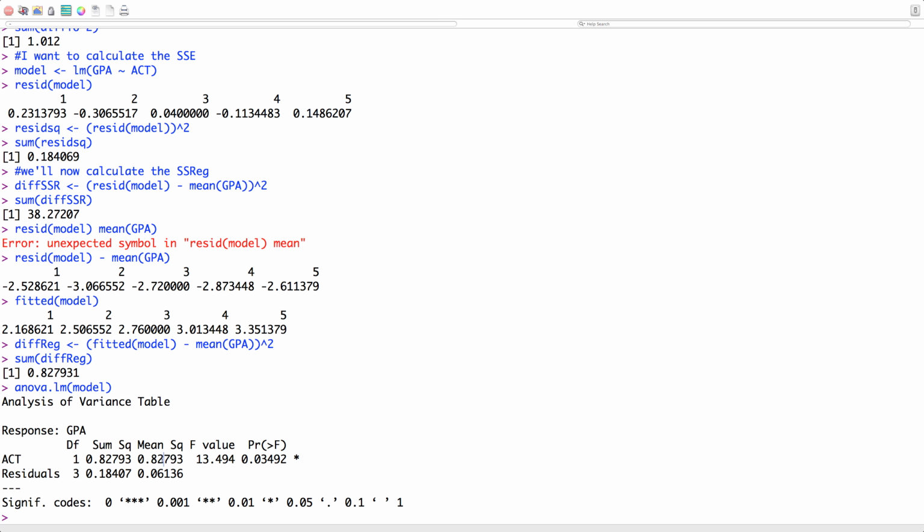What I'm doing, I'm examining this right here. And you can see that the value that I got before, the 0.828 right here, is exactly what I should have got, and the 0.184. But when I do the sum of squares, 0.827, sorry for the confusion, but this has got me buffaloed, as you can tell.